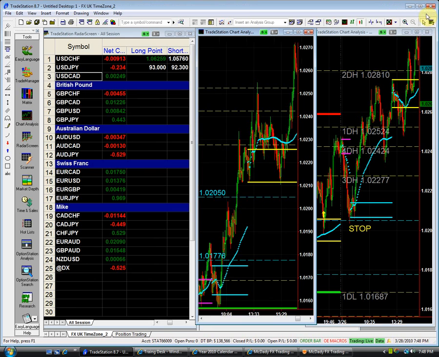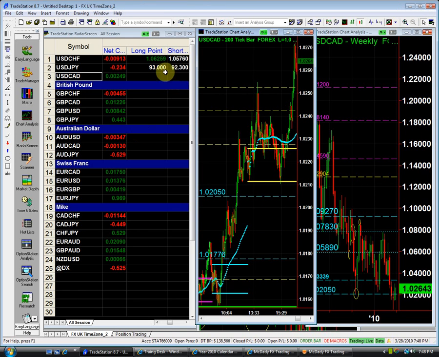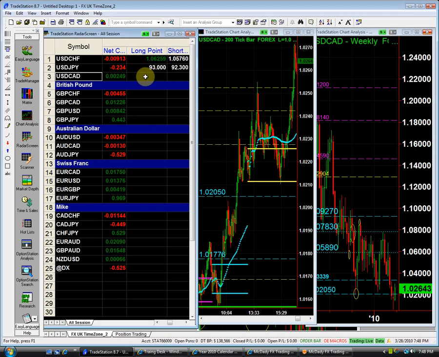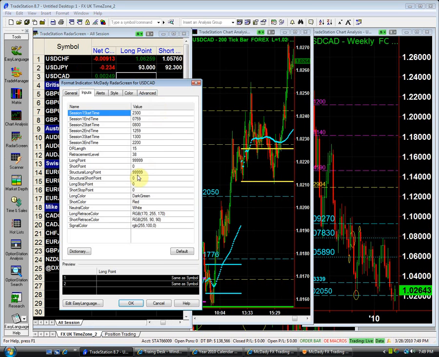Okay, so let's do the dollar CAD. Right now I'm going to put the short point because it's already 102.05. That's our short point, and it is also my long stop.